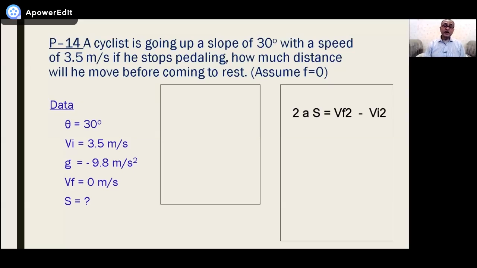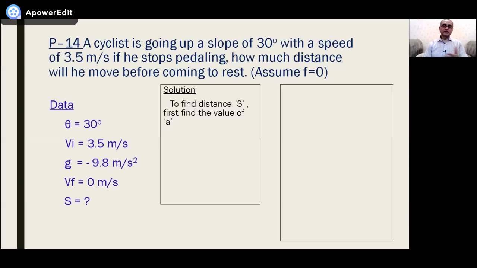It means we should first find acceleration, because acceleration is not given in the data. Now, to find acceleration on an inclined plane like a slope, we use this formula: a = g sin θ.